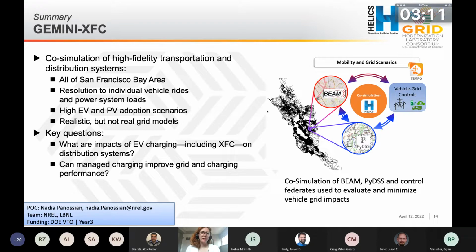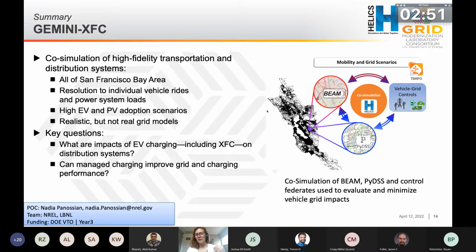So we're using a realistic but not real grid model. Basically there was this project called SmartDS, and it took city layouts and parcel data and determined how a grid could have been implemented in such an area.